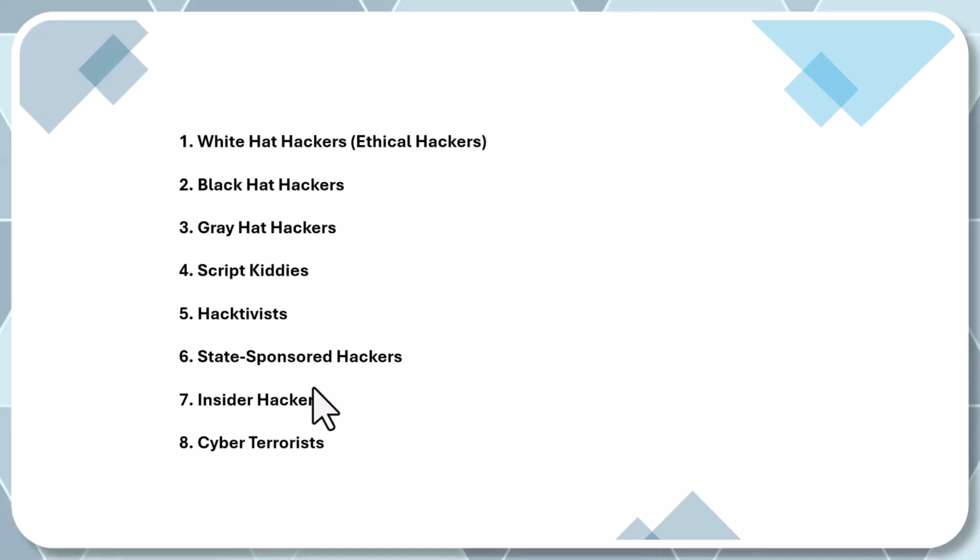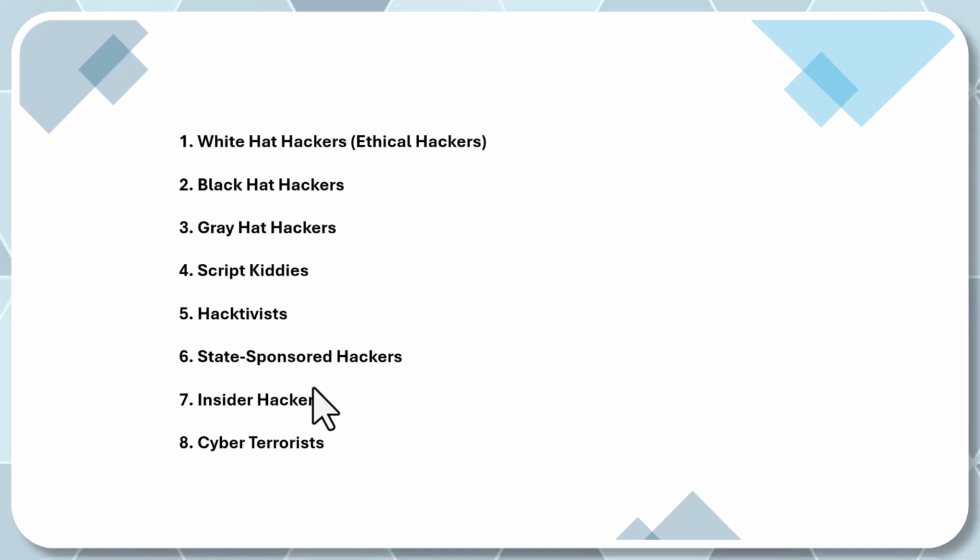Now there are many kinds of hackers. For example, white hat hackers, that is, ethical hackers. They are responsible hackers. Another is black hat hackers. Black hat hackers are more dangerous because they really want to steal your data and destroy your system. They want to steal data, sell data, and sometimes even encrypt your system and ask for money.